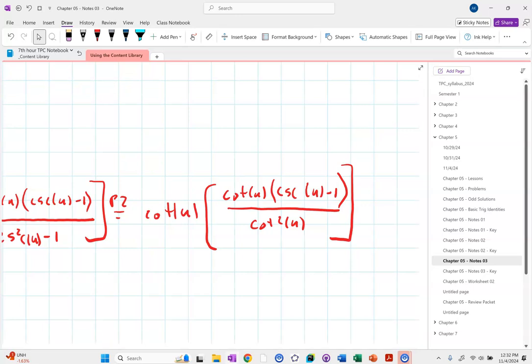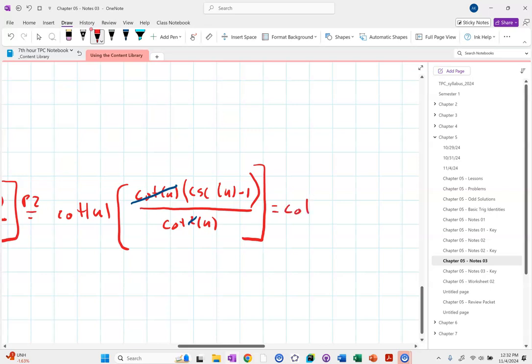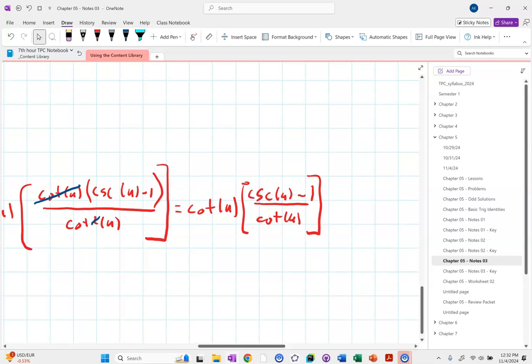So far, so good. What do you notice now? Yeah, we can reduce a cotangent, right?